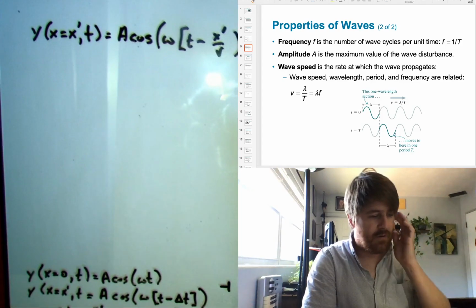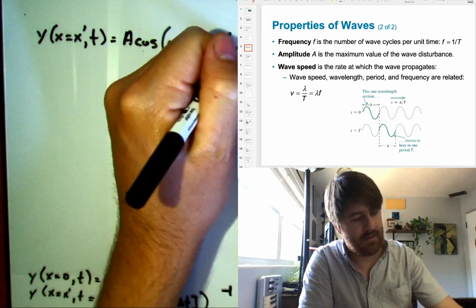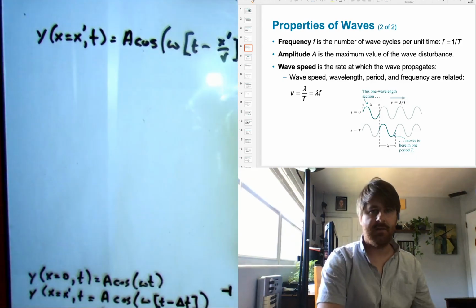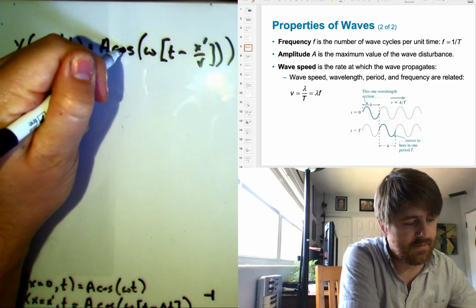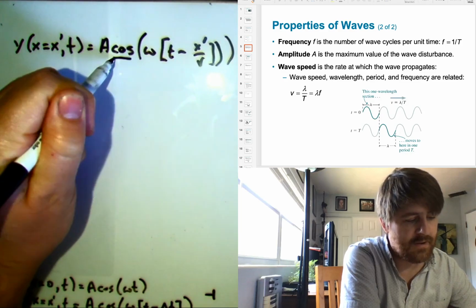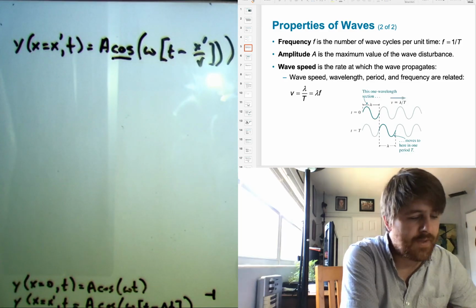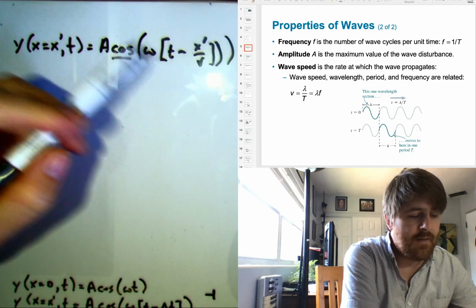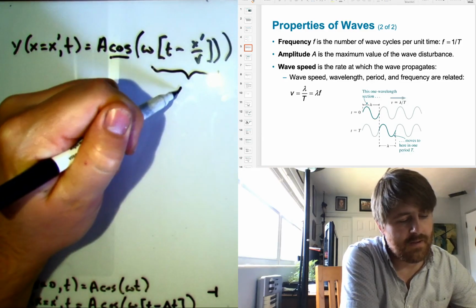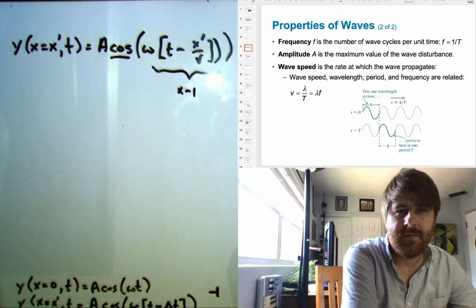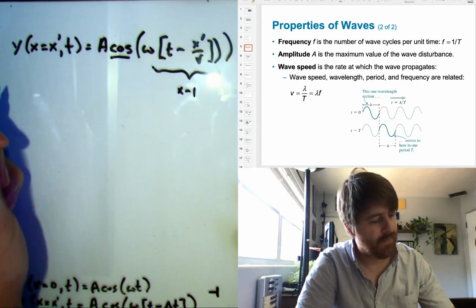Okay, so let's do some other little tricks. First thing is just to recognize that cosine is an even function. So if I multiply the argument by -1, I don't really change anything. So we can do that.